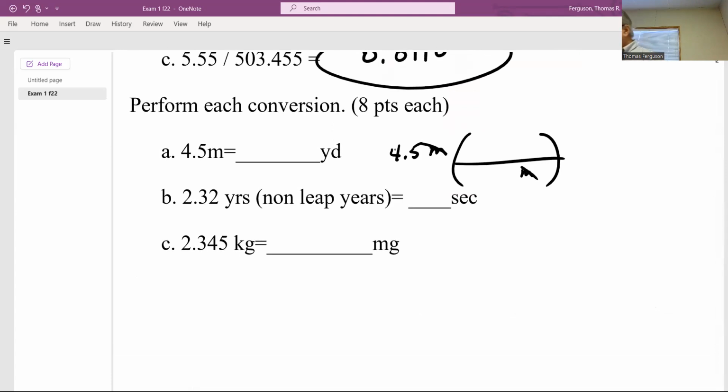Given has to cancel. It was 328. And that gets us to feet. And that was not boldface. So that means that's 3 sig figs.